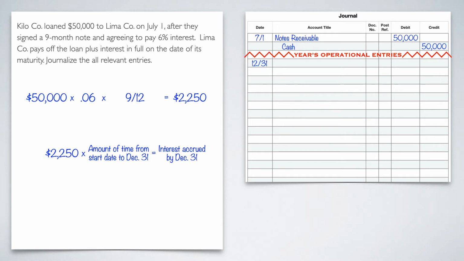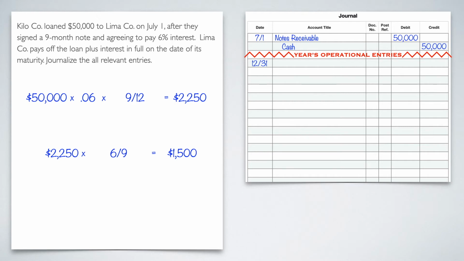So July, August, September, October, November, December. That's 6 months. So 6 over the 9 months that the note is for. So 6 over 9. And that's going to give me a total interest for this portion of the year of 1,500. So I've accrued 1,500 of the total 2,250 of interest as of December 31st.